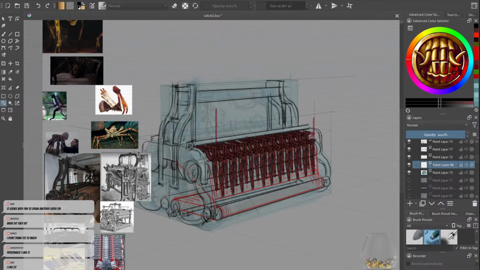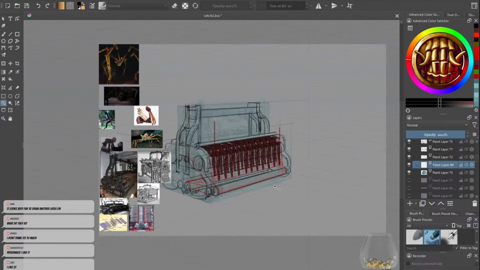Let's see. So a person, I'll have him laying down. A person laying down would need to be as long as this thing. So this is how big the machine is compared to a person laying down.